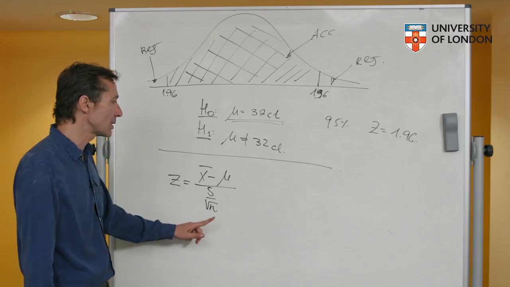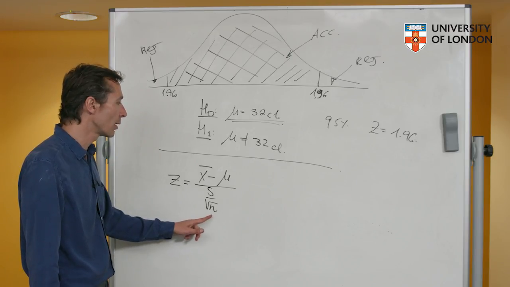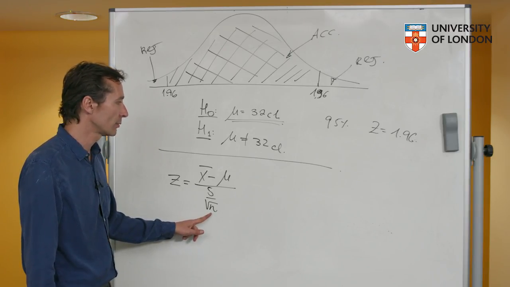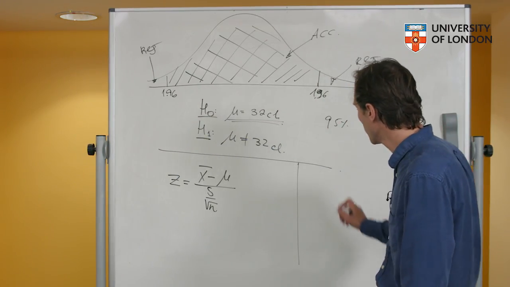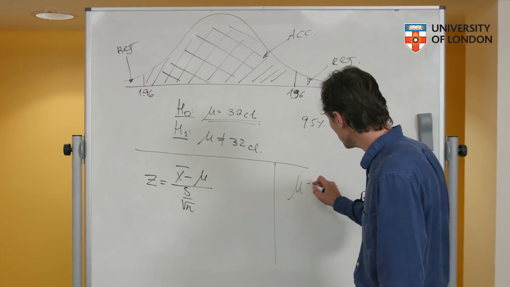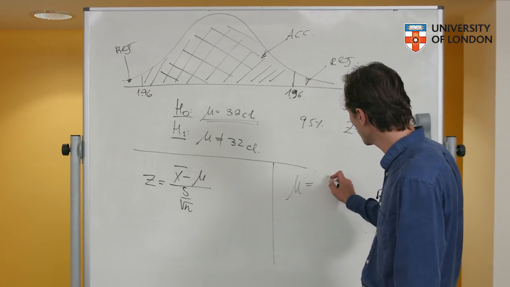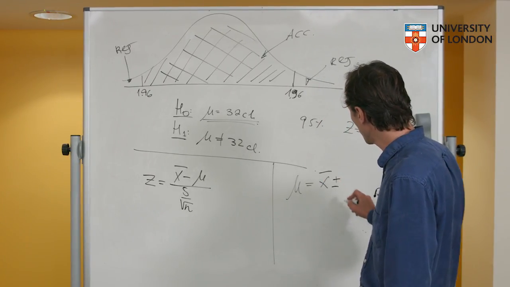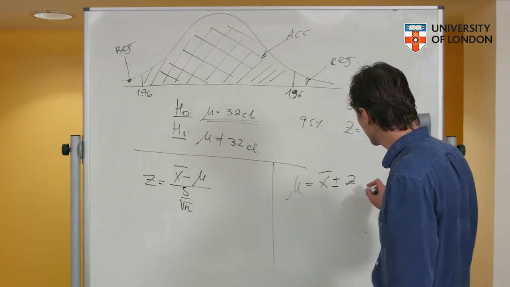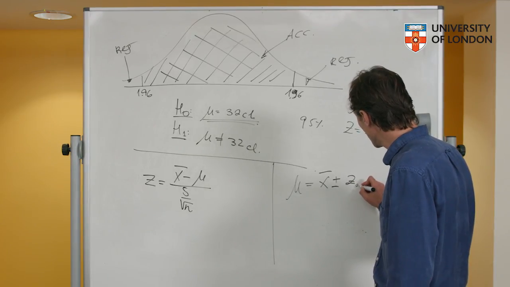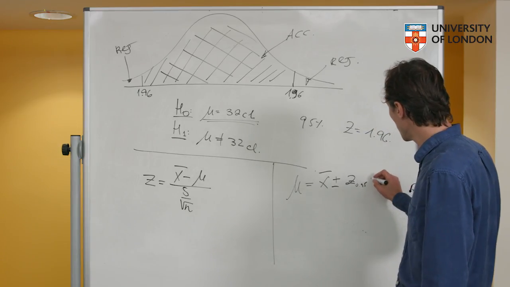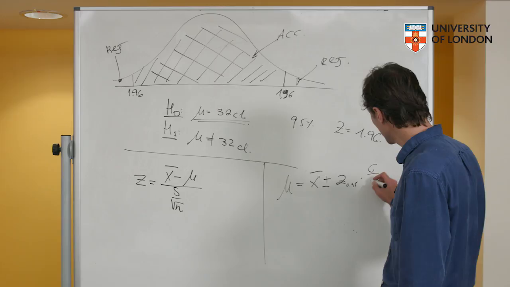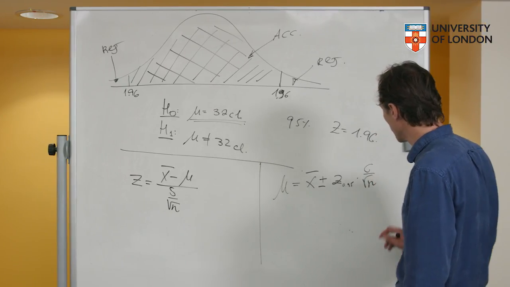You already see some similarities between this and confidence intervals. So the confidence interval, if you remember, will be mu equal to x bar plus or minus z that corresponds to 95% confidence times sigma over square root of n.